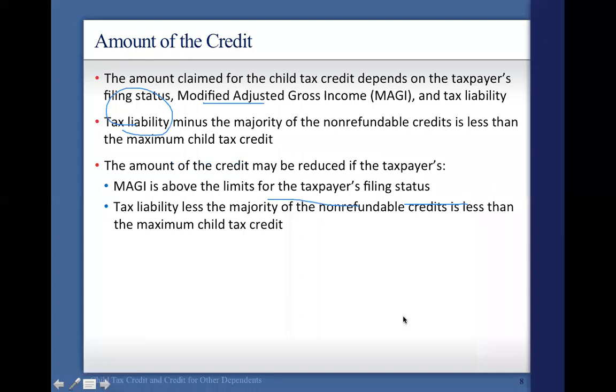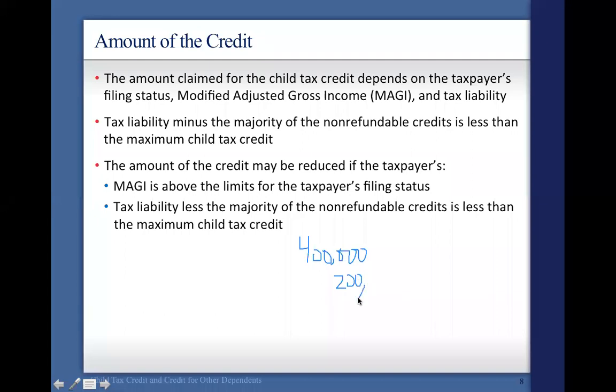All right. So that amount of that credit, let's talk about how that amount gets reduced. It's pretty interesting to know for most people that the modified adjusted gross income limit for this tax year is really high. This year in particular, the modified adjusted gross income for married is $400,000, and for single it's $200,000.